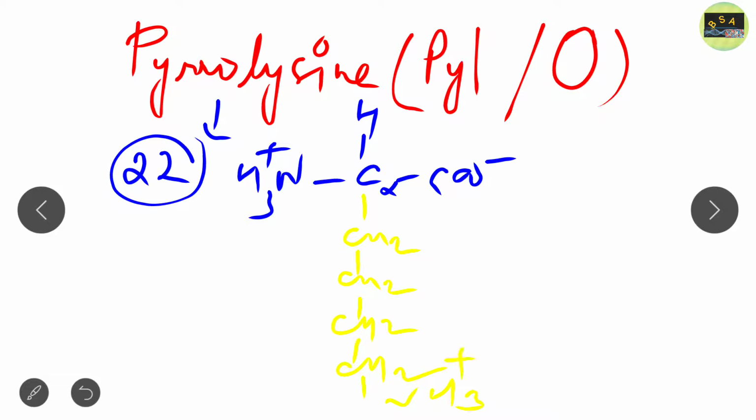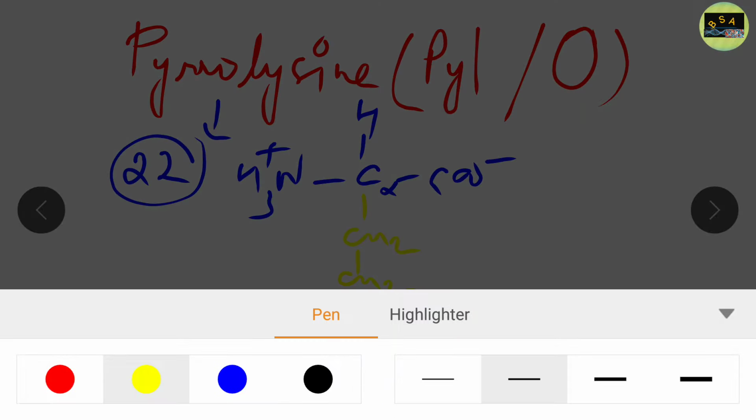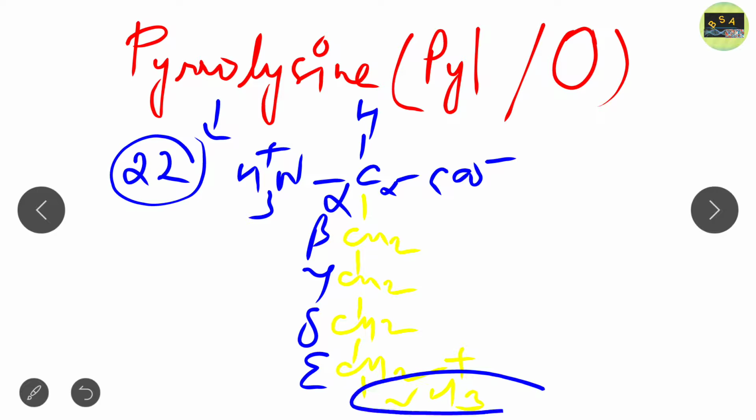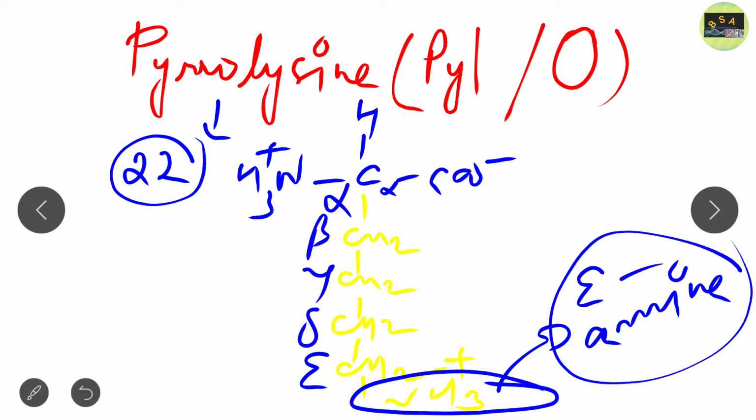So this is the structure of lysine, clear? This is the alpha carbon, this is the beta carbon, this is the gamma carbon, this is the delta carbon, and this is the epsilon carbon. Because the amine is attached to this epsilon carbon, it is also called epsilon amine, clear?